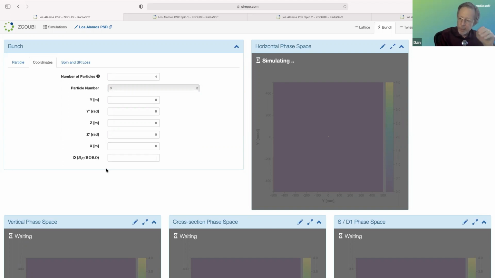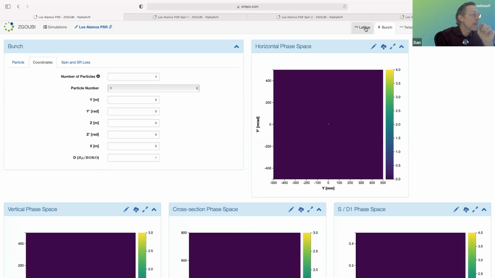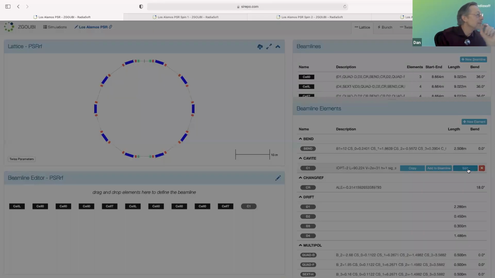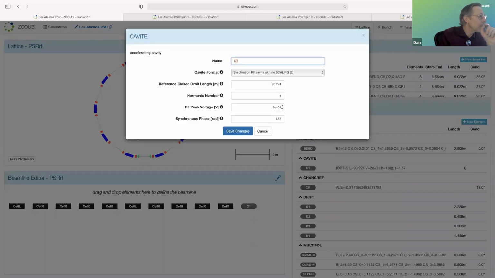And then in this case, because I set the cavity voltage to, that will be a big bug coming in. That's not 2 to the 31. I wanted 20 kilovolts.